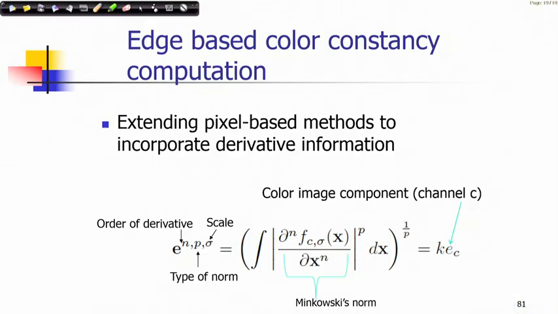You will get 3 such values, and their proportional values will represent the color of the illuminant, and you can adjust to a particular intensity of that illuminant and transfer the color using the color correction, as I discussed in the previous lecture.